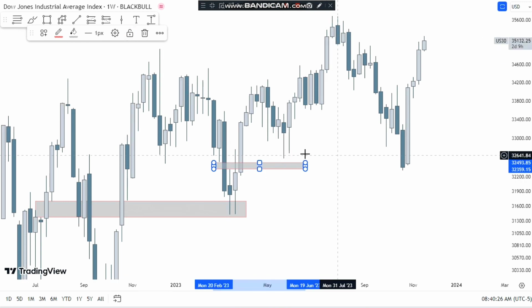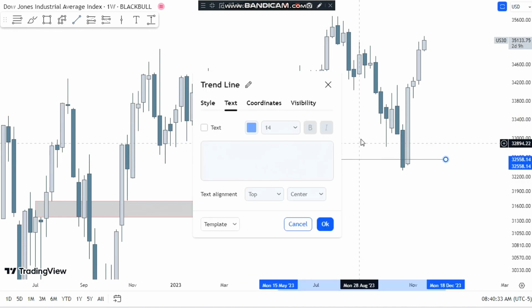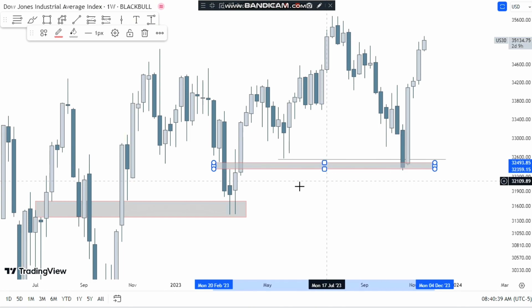Now when the price swept this low, okay, I will draw this line. When the price swept this low, it entered into this breaker block, this FVG of the breaker block. As I said, sooner or later this will get retested and it will provide this pump. So now here you can see this low was swept and it got pumped.